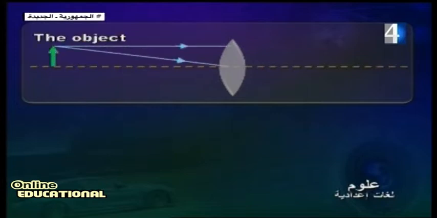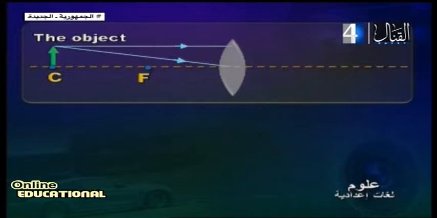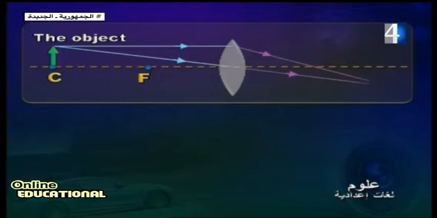Next case, we will put the object at the center of curvature, and now we want to draw the image. Of course, you know that we will draw two light rays. Why? To get an intersection and form the image. So, a light ray that falls parallel refracts through the focus, a light ray that falls on the optical center passes without refraction.